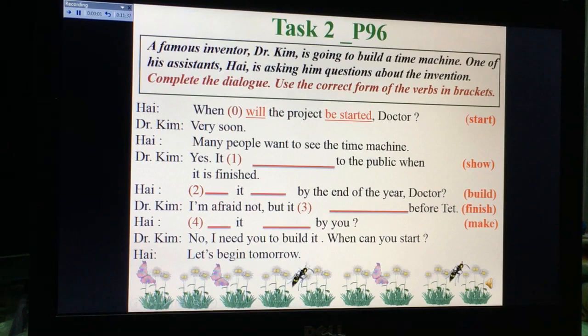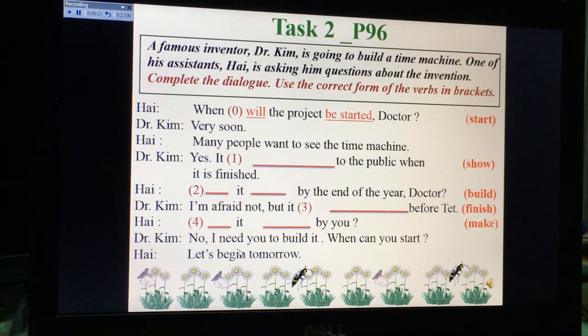Now we move to task 2 on page 96. We use passive form for the verb in brackets, and then we fill them in the blanks. We have 1, 2, 3, 4.